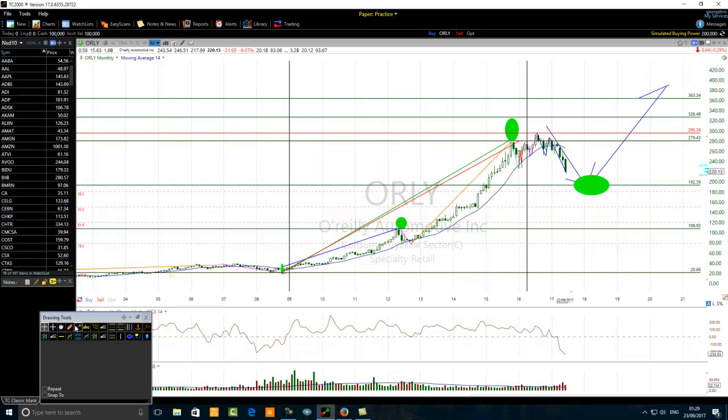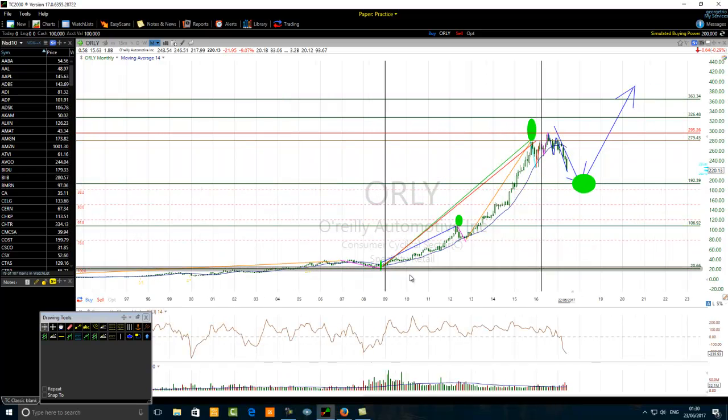And again, when the fifth wave of a higher degree is completed, we'll expect a correction. And the minimum expectation for that correction, which I was doing before, is that we can use the second wave to forecast the corrective phase.